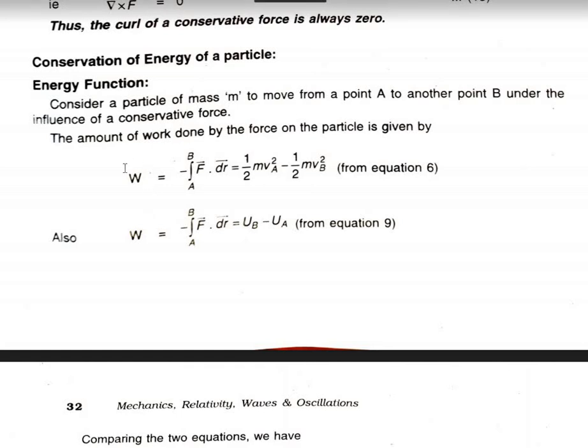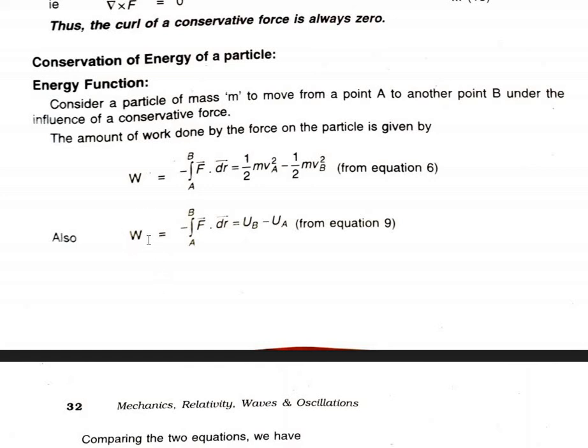And listen here, W is the work done by the conservative force. That can be written as minus integral A to B F dot dr. So integral A to B F dot dr is equal to half m vb square minus half m va square. So minus integral A to B F dot dr can be written as half m va square minus half m vb square.